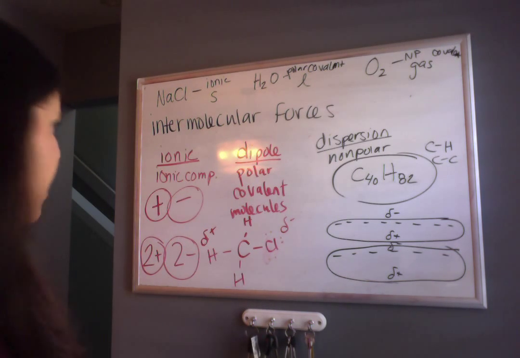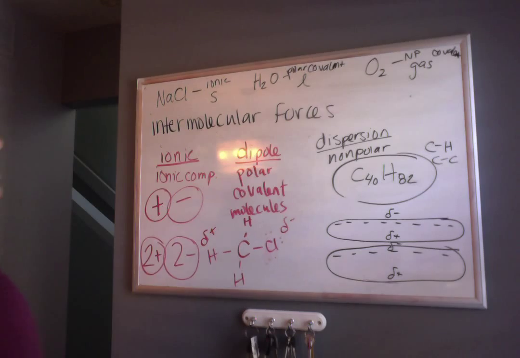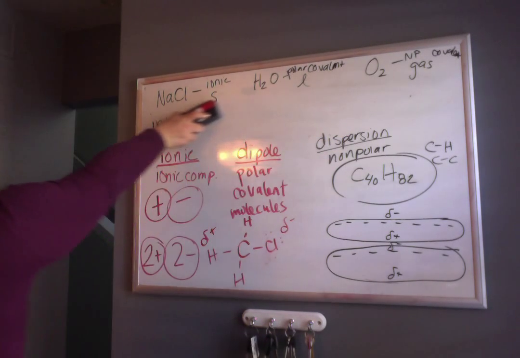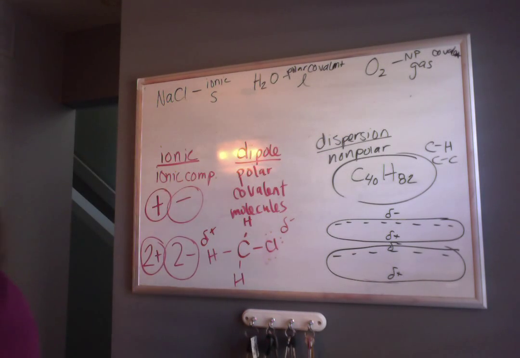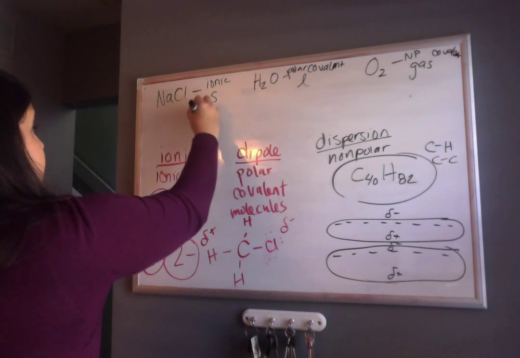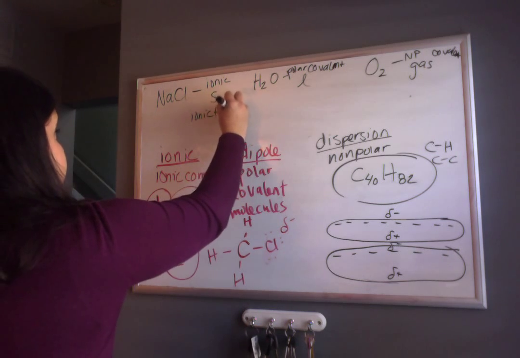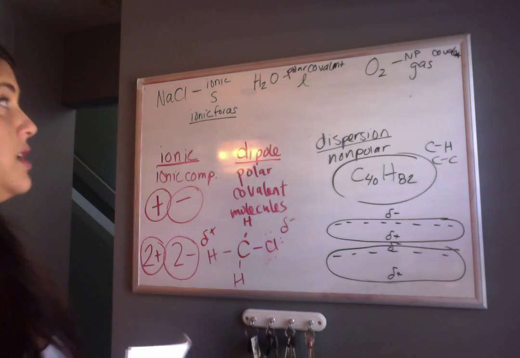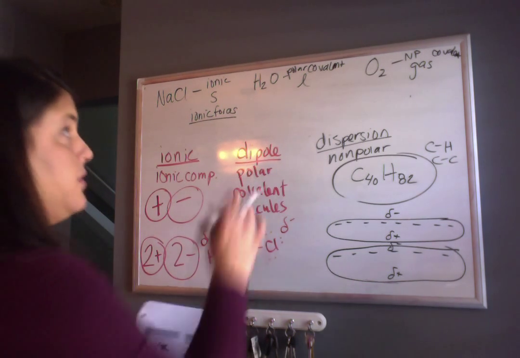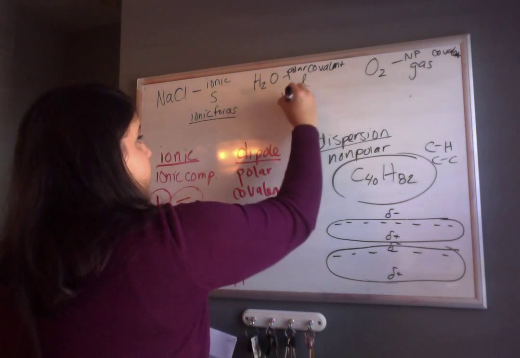So now, with what we've learned about these different forces, what kind of forces are interacting between one molecule of salt and another molecule? Because it's an ionic compound, I should have ionic forces. Water is a polar covalent molecule. So first of all, it's polar, so I know I'll have dipole-dipole.